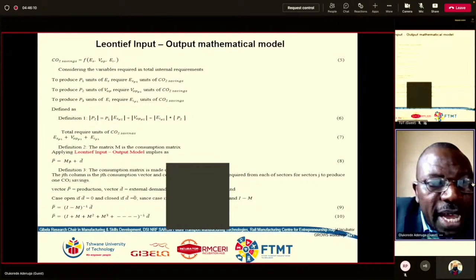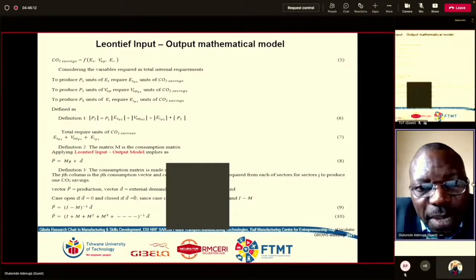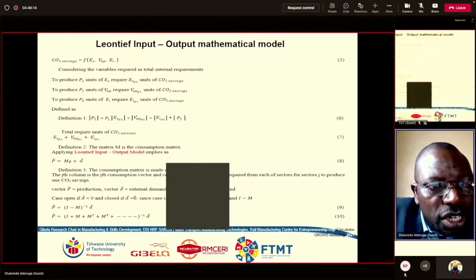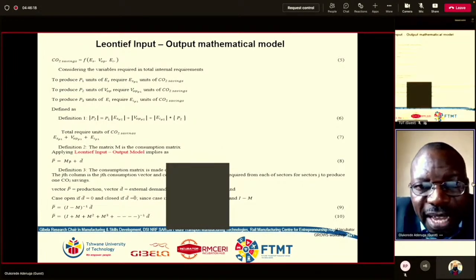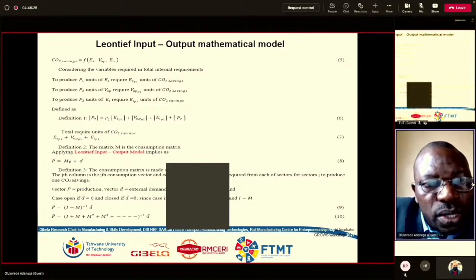I won't bother you about the mathematical notation much, but what I want to bring out in this slide is, take Gibela for example. Let's assume we deploy our energy efficiency device and put it on various machines that are used to produce the rail car bodies.